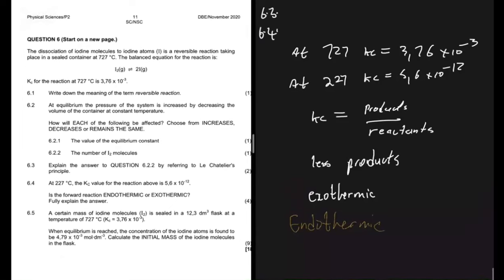So when you're explaining your answer, you can start by writing down these K values, explaining that Kc is basically products over reactants, and then you can see that when we decrease the temperature, there is less products, so the reverse reaction is favored. Which reaction is favored by a decrease in temperature? That's exothermic. So the forward reaction is consequently endothermic.